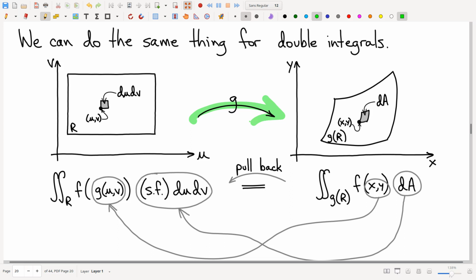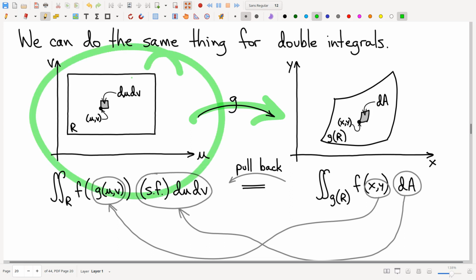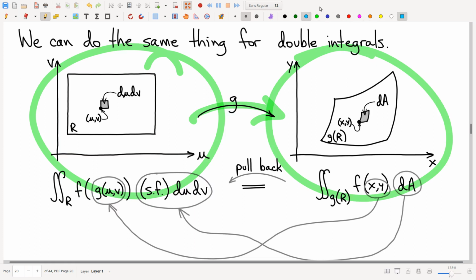That function, again, we're going to think of as having a domain and a target. We're going to look at a particular domain for an integral within a domain for the function.